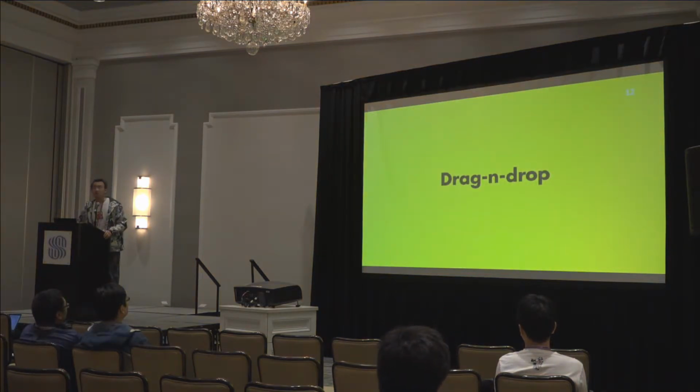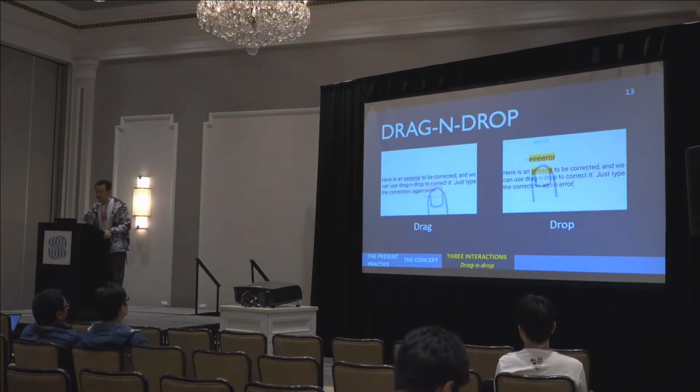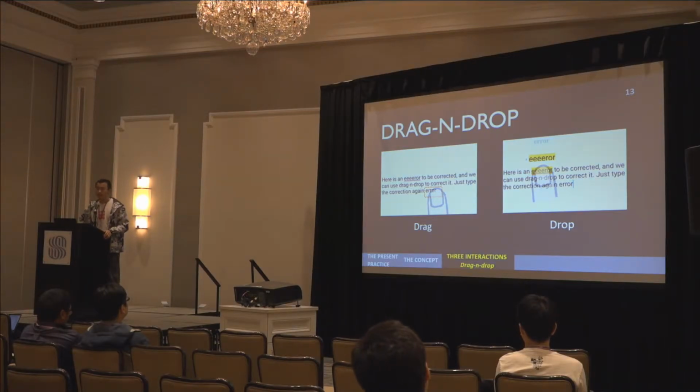The first one is called drag and drop. It is as simple as it sounds. The first thing is to type the correction and then drag it to the error place. And while dragging, the text beneath your finger is highlighted in yellow. And just drop it to swap the word.